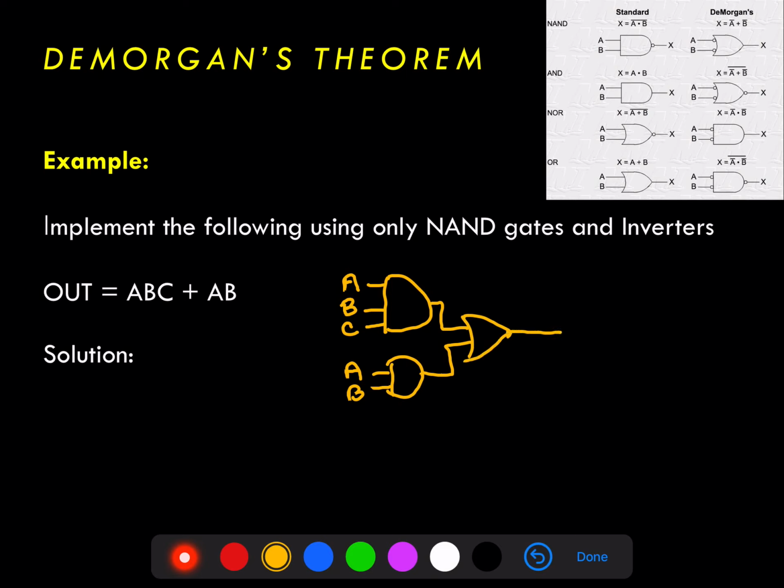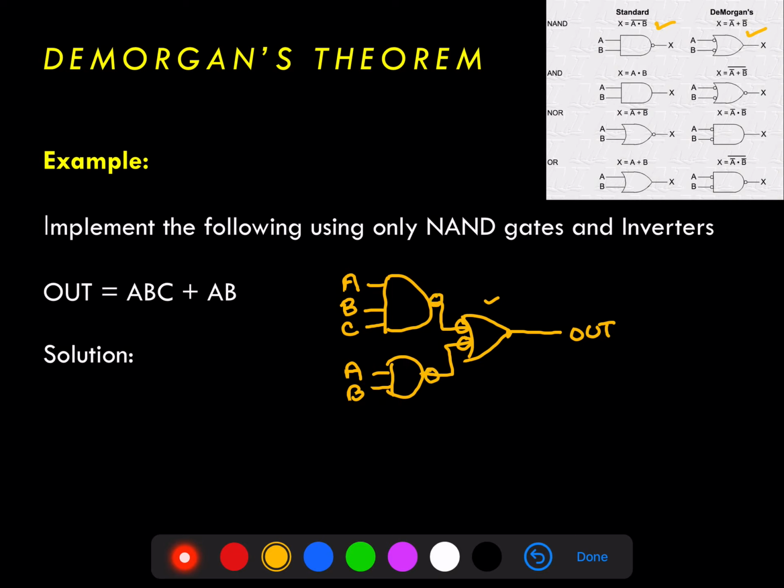Now using DeMorgan's theorem, we can fully implement this using only NAND gates by taking a look at the chart here to see that a NAND gate is equivalent to an OR gate with inverted inputs. So we'd like to convert this OR gate to a NAND gate. We'll do that first by inverting the inputs, but in order not to distort the accuracy of the output, we'll have to double invert.